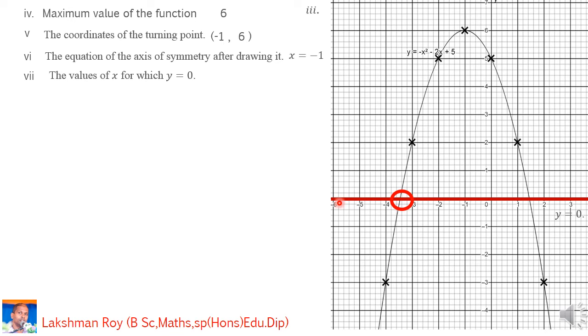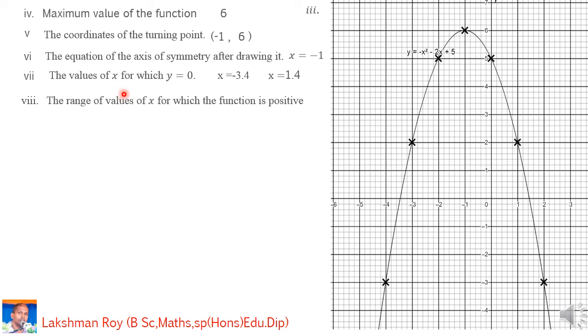At this point the graph intersects, so that is one x value. How to read this x value? That is -3.4. Read carefully. Then there is another point where the graph also intersects. That is x equals 1.4. So those are the values of x.